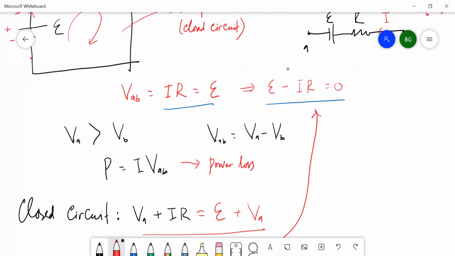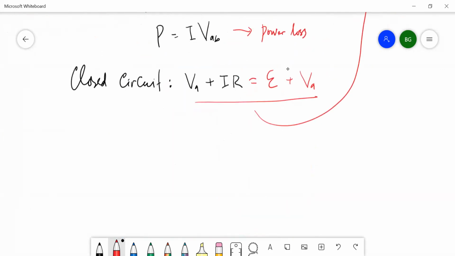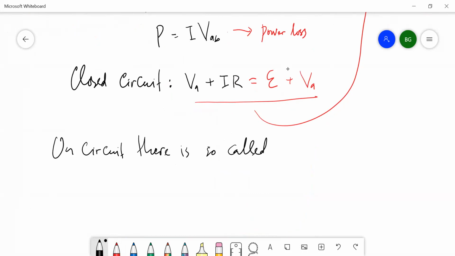Okay, on the circuit there are two laws, the so-called Kirchhoff's laws.